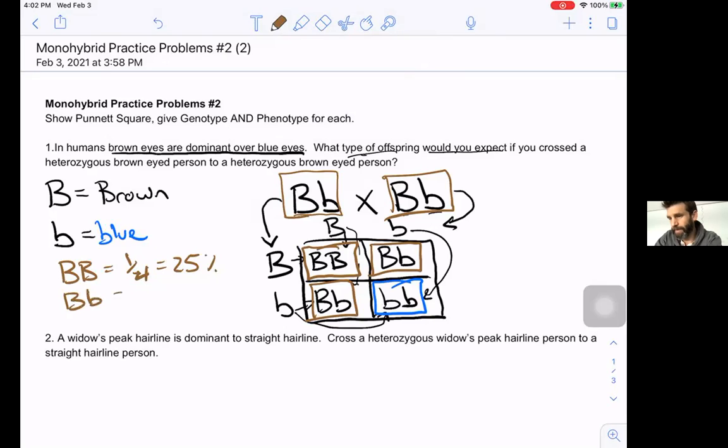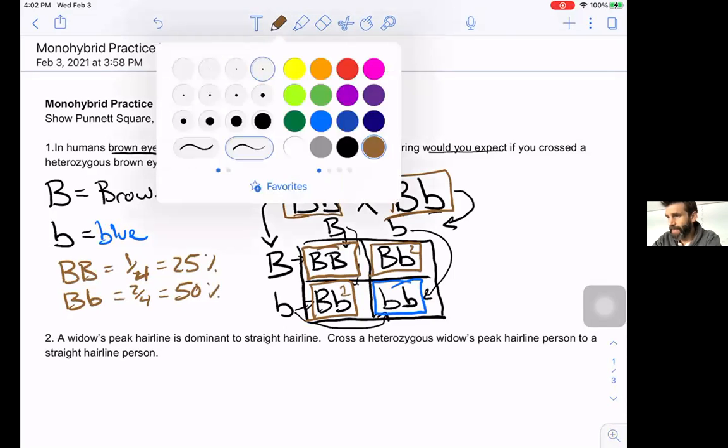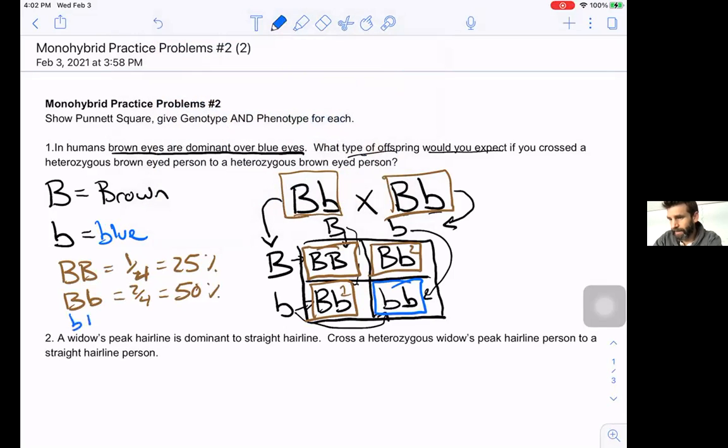Heterozygous, B little b, was 2 out of 4, equals 50%. And then little b was 1 out of 4, equals 25%.